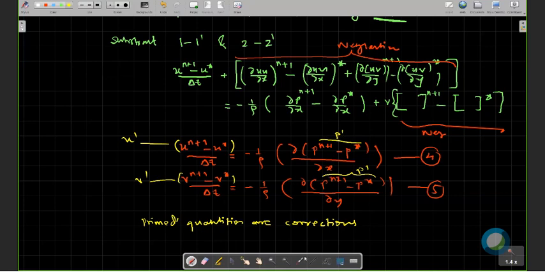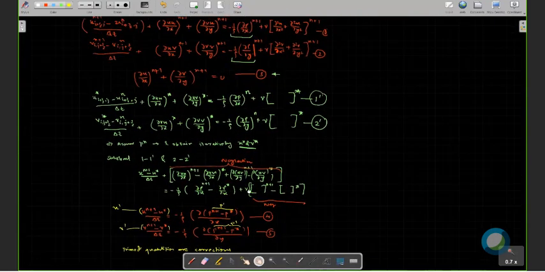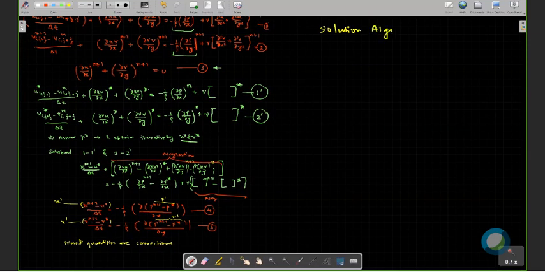So you can simply solve now these equations. So what is the algorithm to solve? Okay, so I'll just write here the solution algorithm. And discretization and other things are similar to the SMAC one.